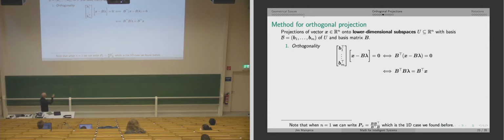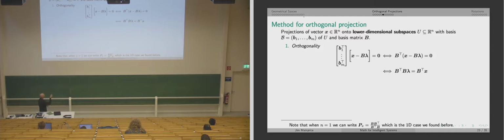a vector which is the difference between the point that we're projecting and the expression of the point that we're looking for, which we're looking for these lambdas. So that's the point once projected, and that's the point that we are projecting, okay? And so that's actually the vector between the projection vector, that was this dotted line.